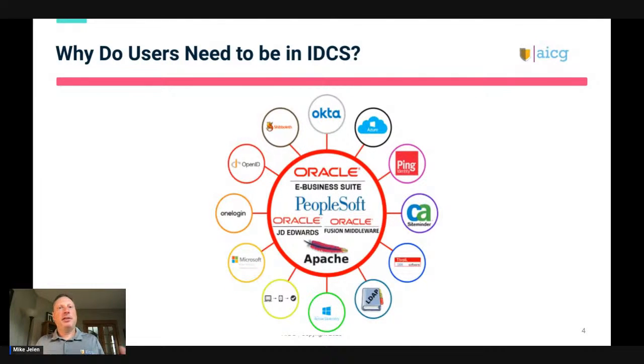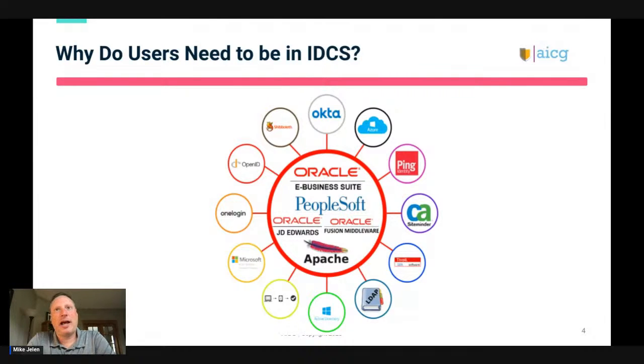And when you think of it from that larger ecosystem, yes, you may be all in on Oracle, have lots of Oracle applications on the cloud or on premise. You may have LDAP, just a directory of users and groups, in many different areas. Could be AD on premise, Entra in the cloud.